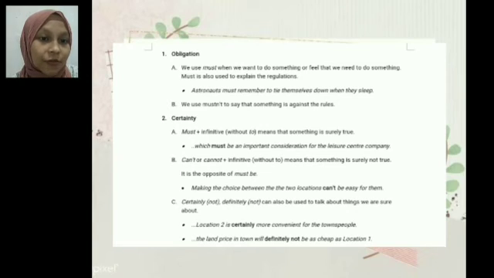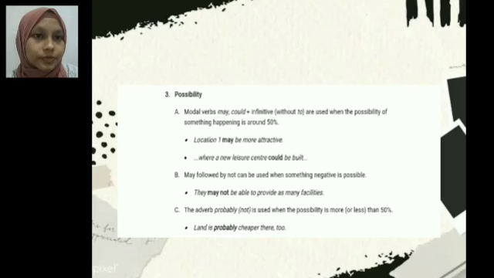Certainly not and definitely not can also be used to talk about things we are sure about. The example is location 2 is certainly more convenient for the townspeople. The land price in town will definitely not be as cheap as location 1.